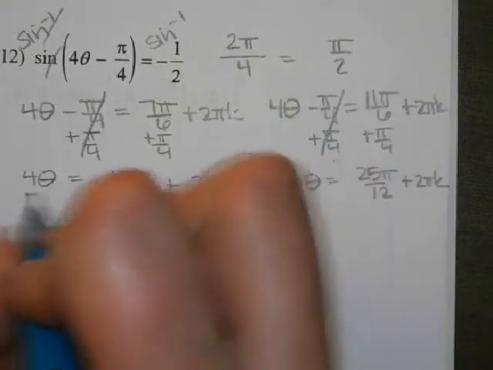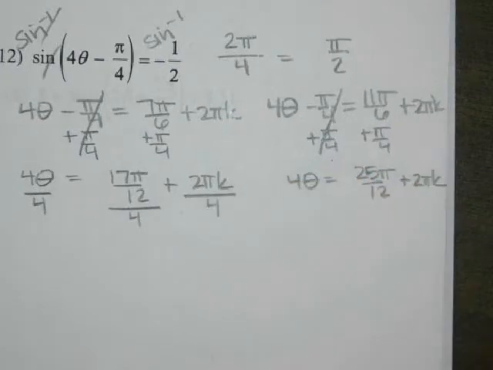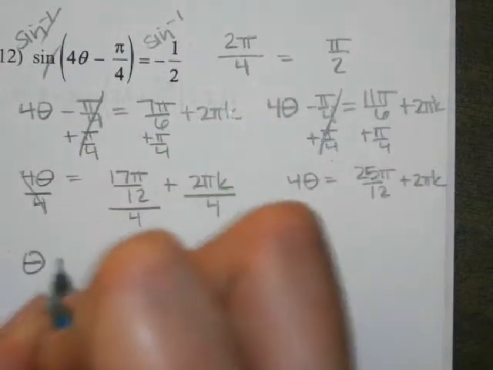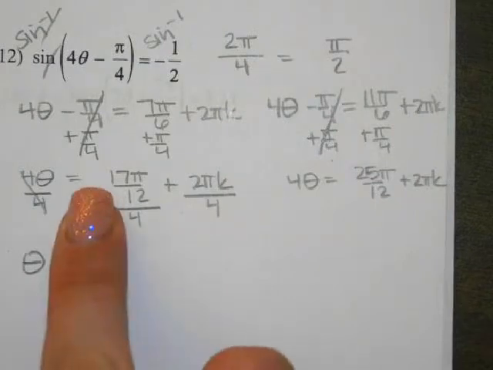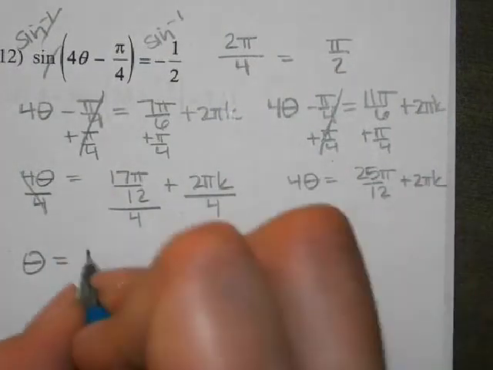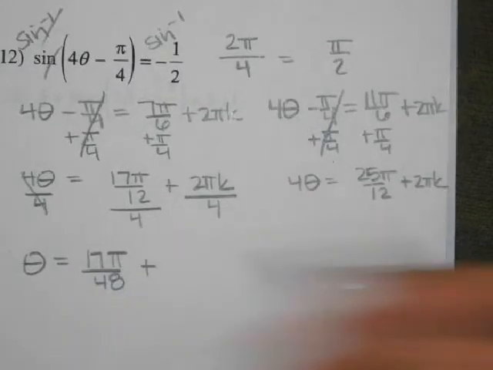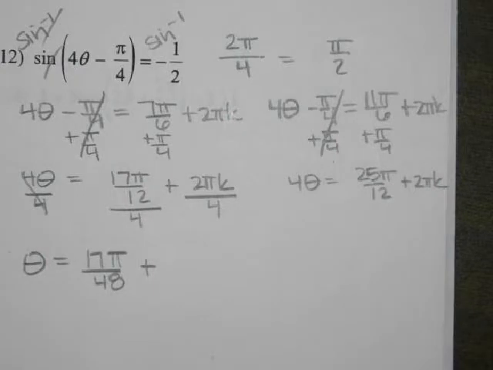Divide by 4. So divide by 4, divide by 4, divide by 4. Theta equals 17 over 48. So 17 pi over 48 plus, Mallory, are you listening?